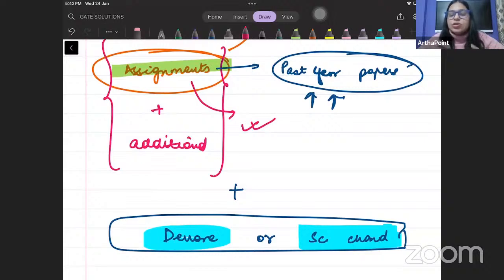But before that, what is in our hands, our own domain, which we can do well, we should quickly revise all of economics. Then on 1st of Feb, I will do a 3 to 4 hour session, and we will quickly do all kinds of questions based on part A of GATE economics.